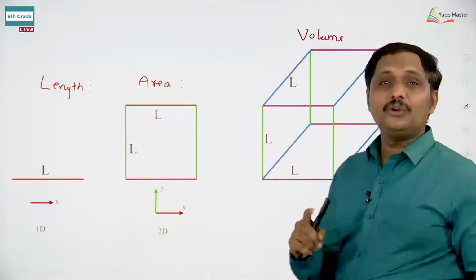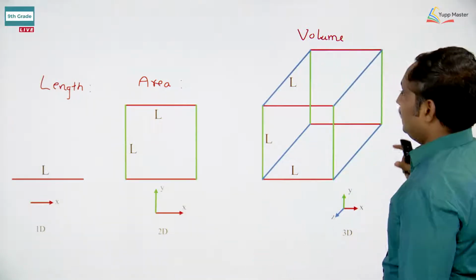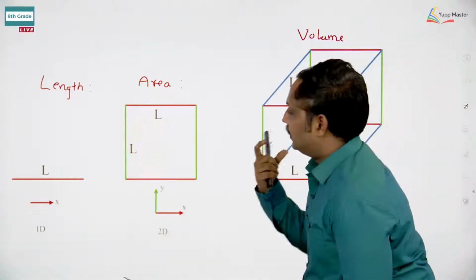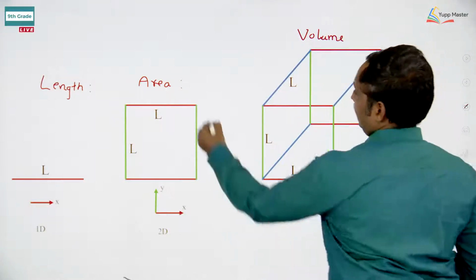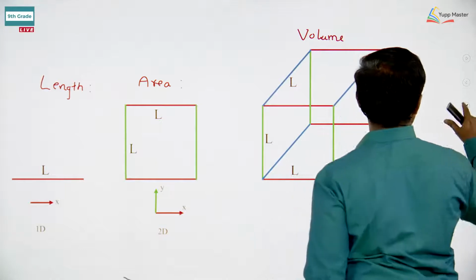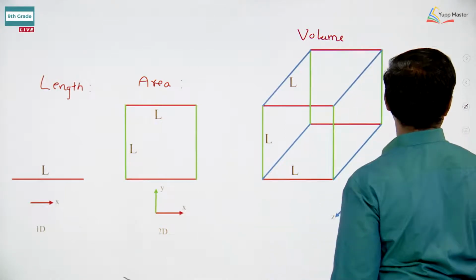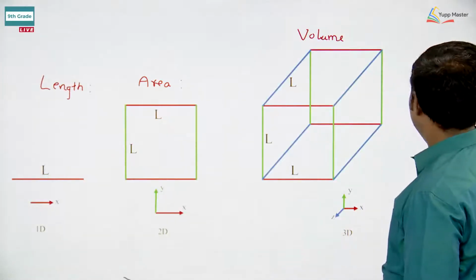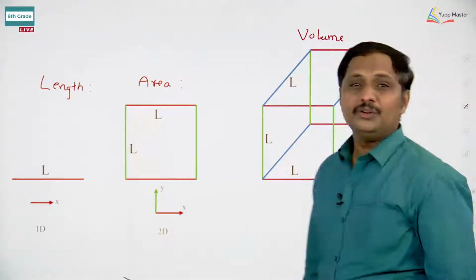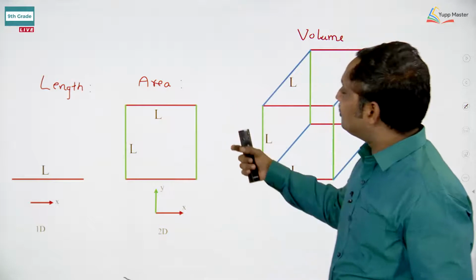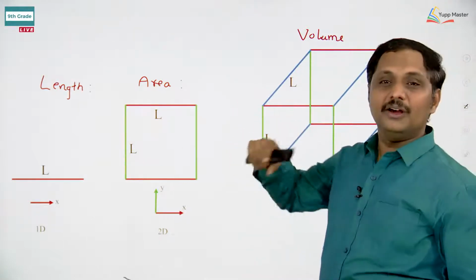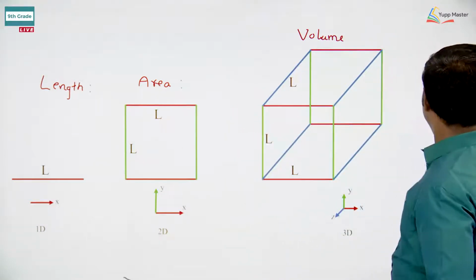Now, we are all going to discuss the dimensions of a physical quantity. It is going to be identified if we take the base quantity with its power raised to some value.